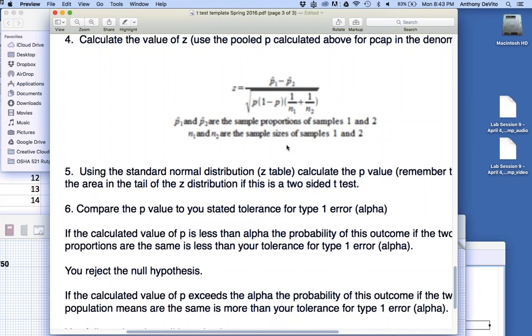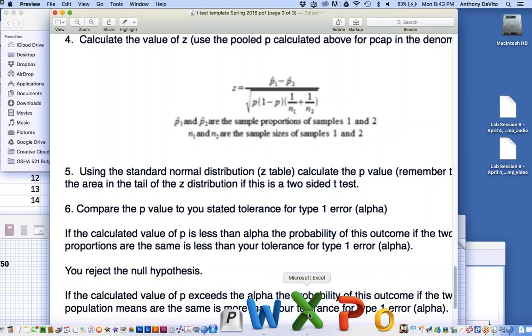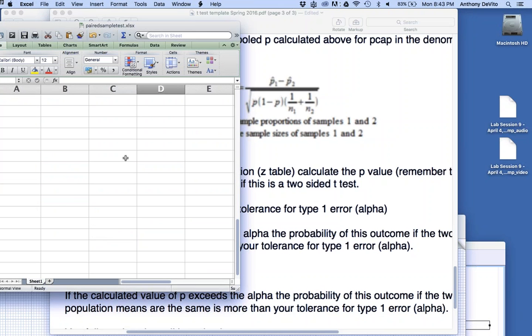And let's say, for argument's sake, why don't we actually calculate this, for the example I just described. On top, it's going to be 0.05. On bottom, it's going to be equal to the square root of 0.175 times 0.825, which is 1 minus that, multiplied by 1 over 100 plus 1 over 100, which is 2 over 100, 1 over 50, 0.02, right?